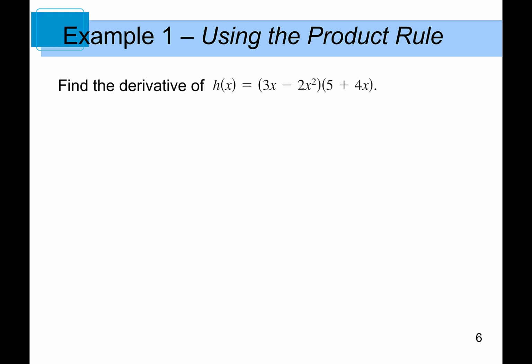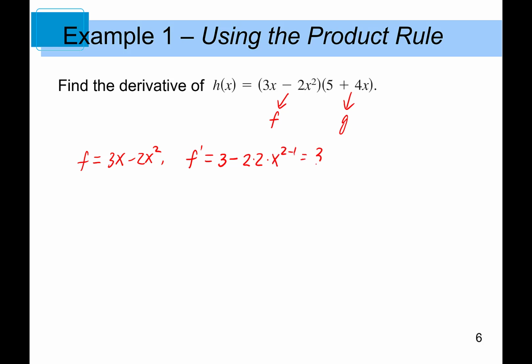Using the product rule, find the derivative of h of x equals (3x minus 2x squared) times (5 plus 4x). So we assume this is f, and that's going to be g. Since f equals 3x minus 2x squared, f prime, using the power rule, will give us 3 minus 2 times 2 times x to the 2 minus 1.